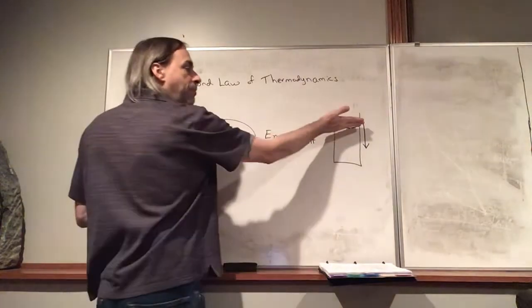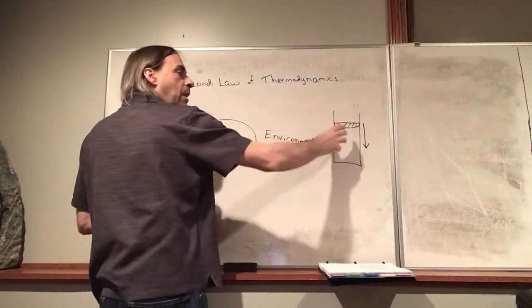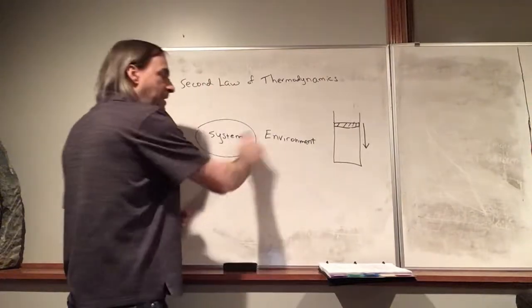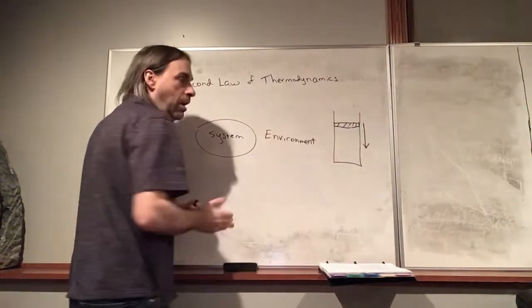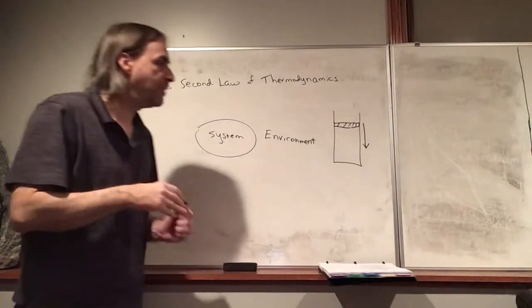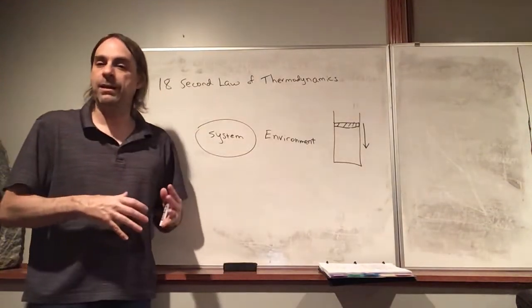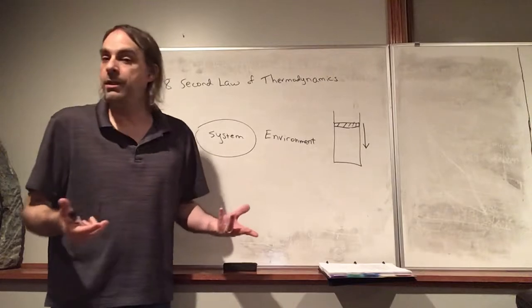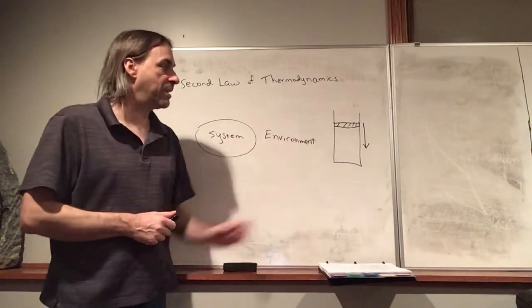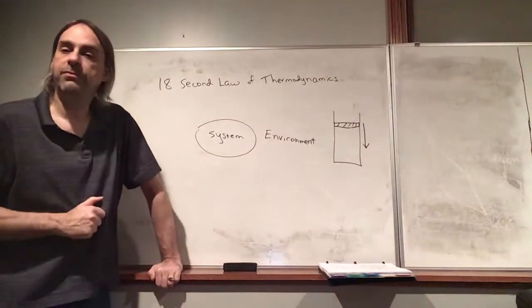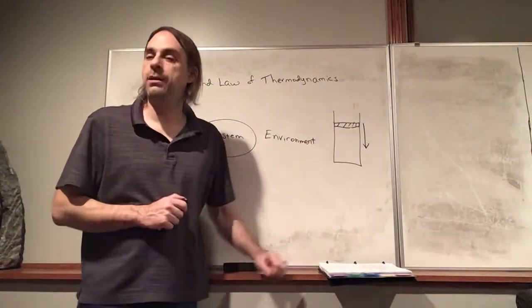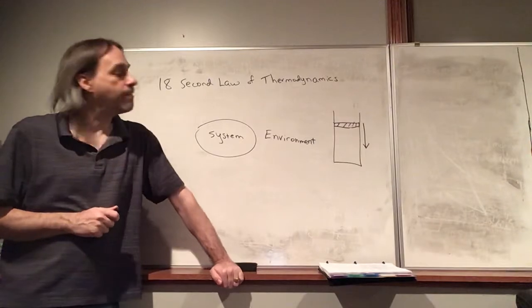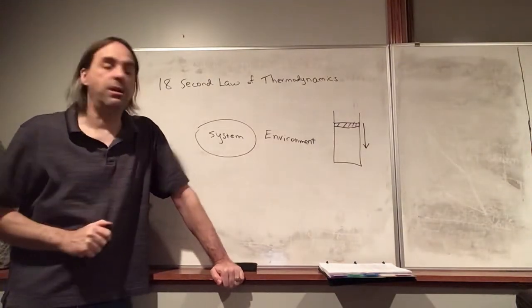So when the piston goes down, energy is going to go from the system to the environment. And then if you force that piston back up, you're not going to reclaim that energy just because you're going in the opposite direction. Friction doesn't care what direction you're moving. So in the real world, something like this would be an irreversible process because there's friction involved.